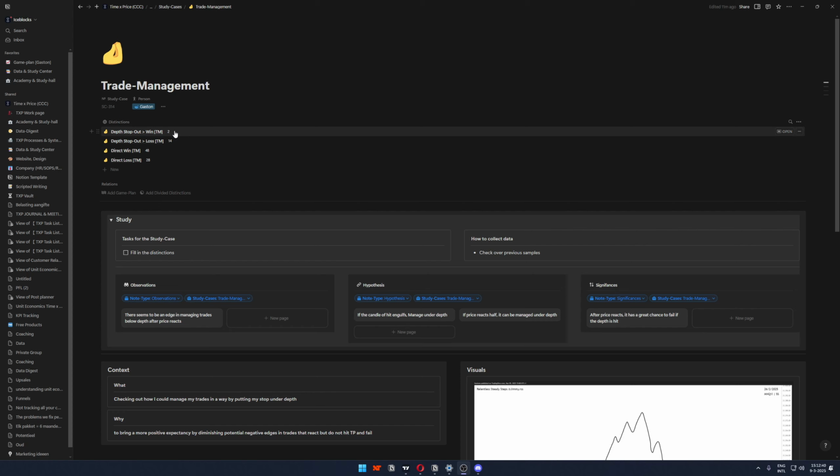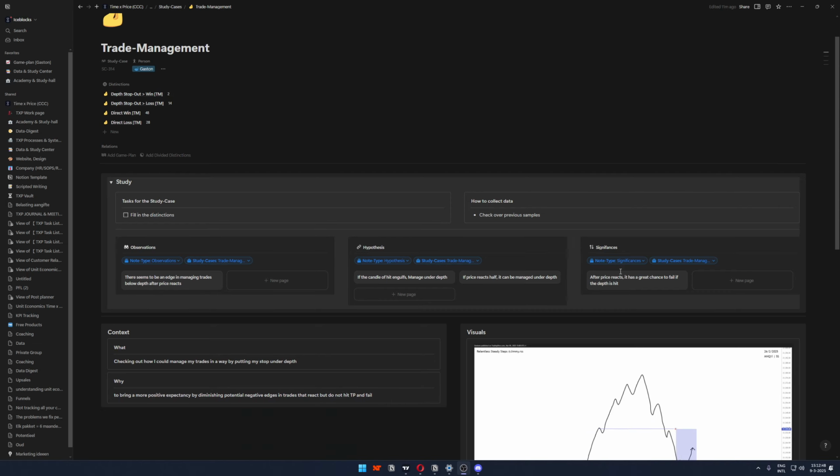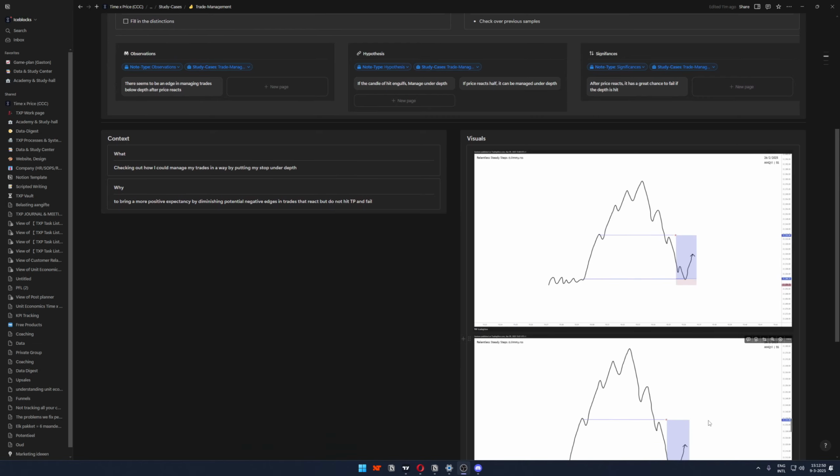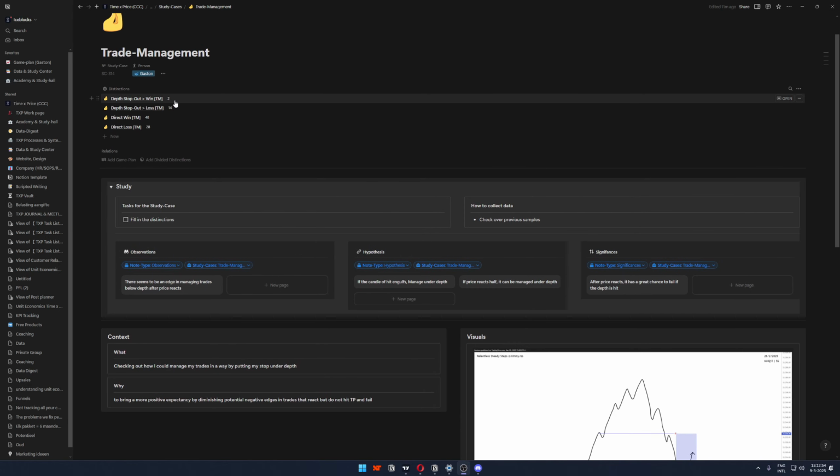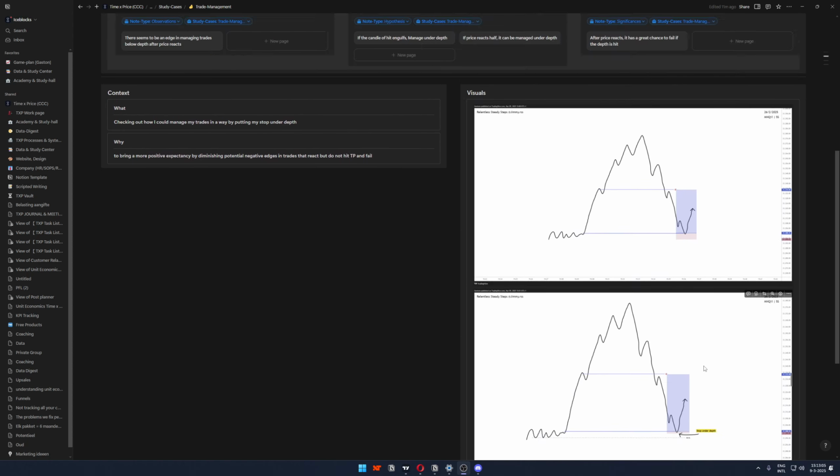And there were 2 samples where price got to depth and stopped out on the depth, in this case right here, and 1 afterwards. In 14 examples of these 80 pieces of price, there was a stop out and an instant loss afterwards.